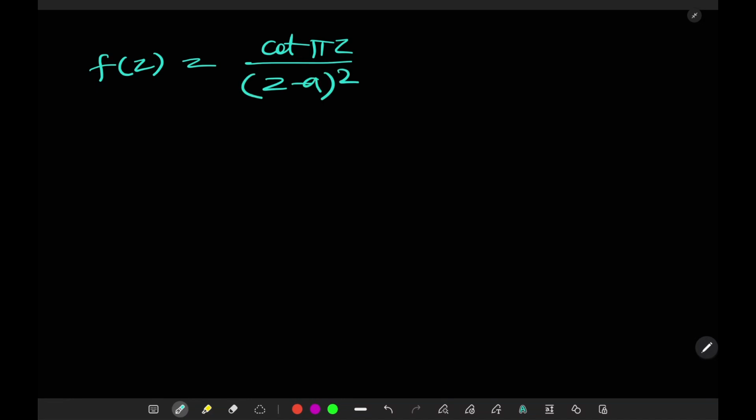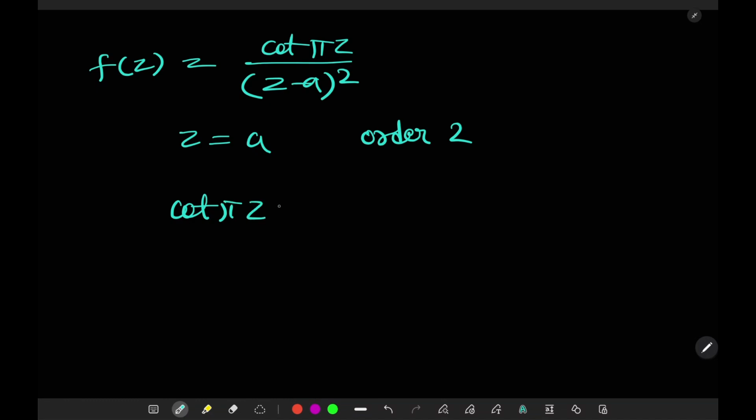Let's do some questions for finding singularity. f(z) equals cot pi z divided by (z minus a) whole square. Here z equals a is a pole of order 2.